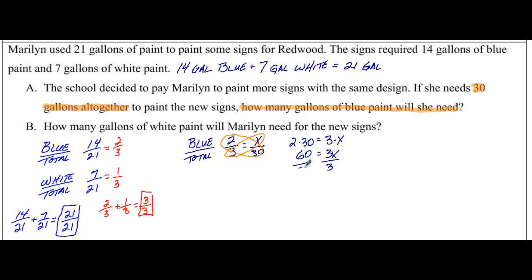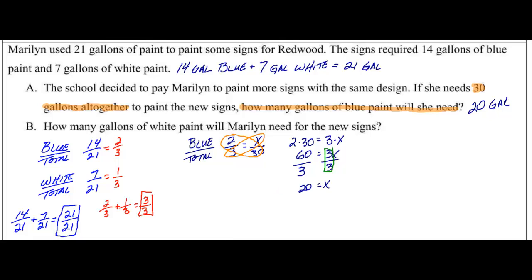Divide everything by the coefficient. We know we picked the right number again because we get 1 right there. 60 divided by 3 is 20, and so 20 is the value of X. How many gallons of blue paint will she need? She will need 20 gallons of blue paint.